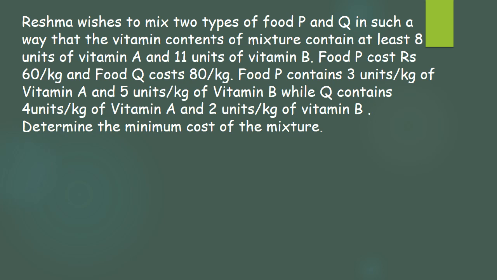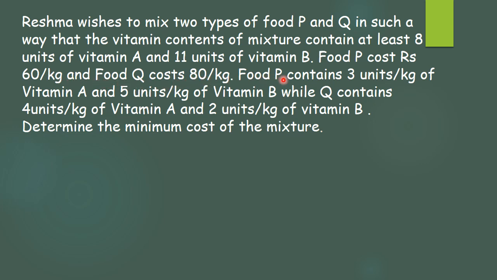This is the question given. Reshma wishes to mix two types of food P and Q in such a way that the vitamin contents of the mixture contain at least 8 units of vitamin A and 11 units of vitamin B. Food P costs rupees 60 per kg while food Q costs rupees 80 per kg.